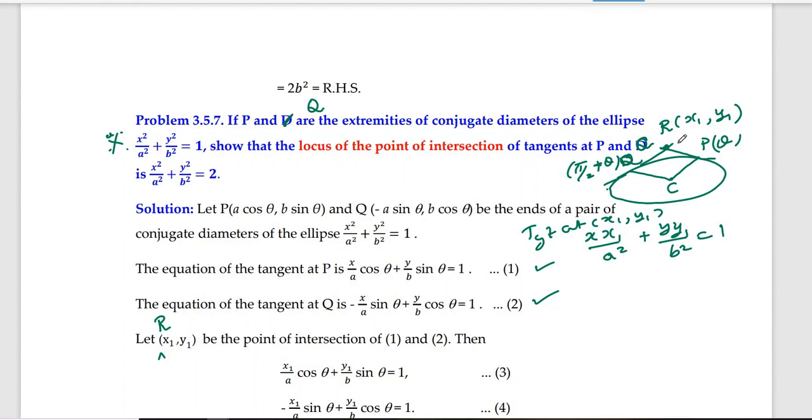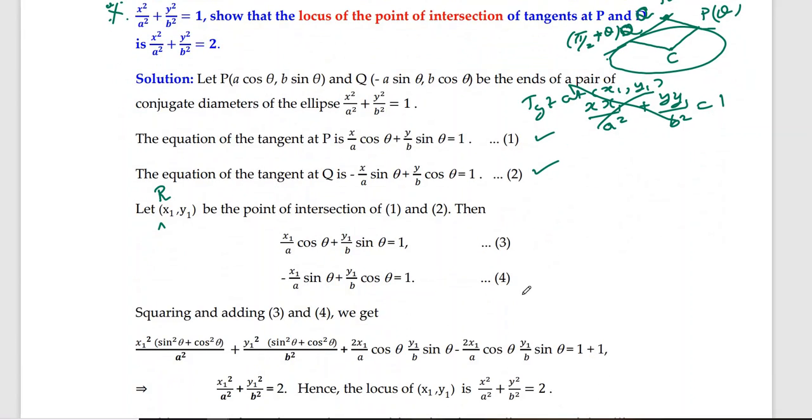So we shall take R of x1, y1 to be the point of intersection of 1 and 2. Then it should satisfy both the equations. x1, y1 should be a point on line 1 as well as line 2.